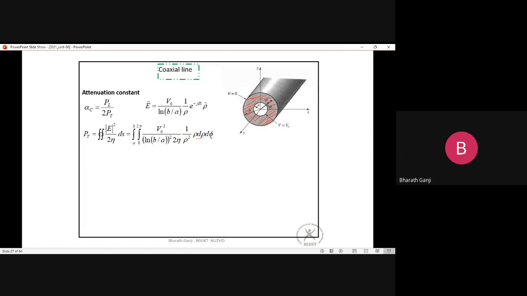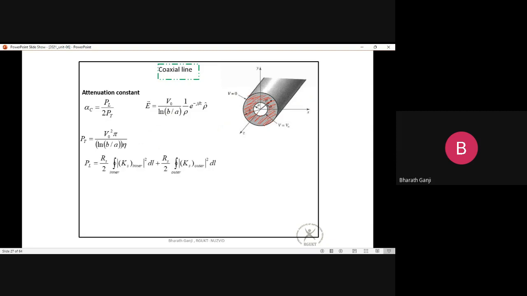And you have the magnitude of the electric field, you square it, and you have to perform the integration. Rho changes from a to b and phi changes from 0 to 2 pi, and this gives how much power crosses through this shaded region. So the value of this is something like v naught square pi into ln of b by a into eta. So now let us calculate PL.